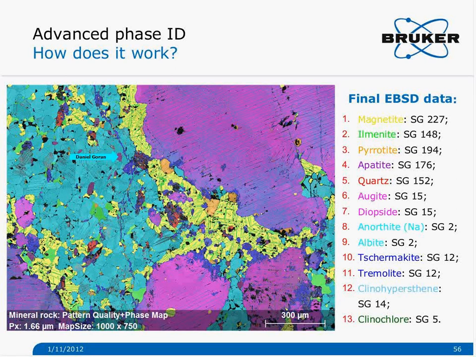Okay, so question number 3. Can I import my old data acquired with another system, and can I export the data acquired with the Bruker system in a format compatible with other systems? The answer is yes.